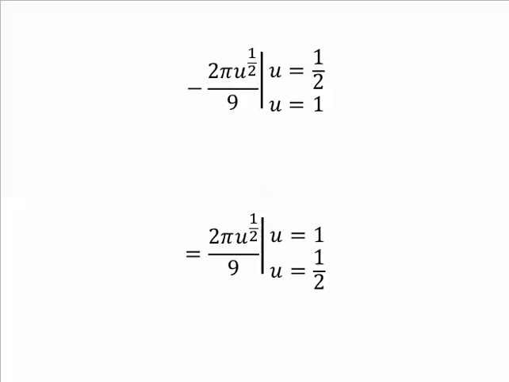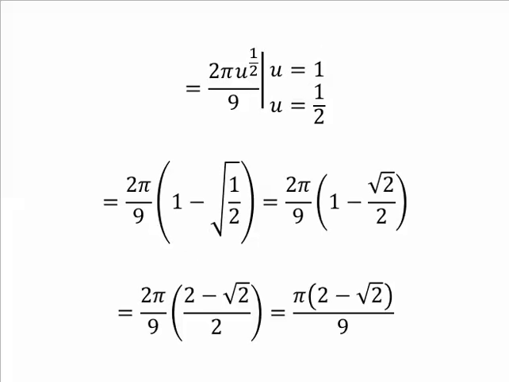In the second line I've switched the bounds. Now the bounds are going from 1/2 to 1 and the negative is not there anymore. You can do this anytime you want. Just switch the bounds if you want to change the sign. If I do that, it's going to make it easier to evaluate.